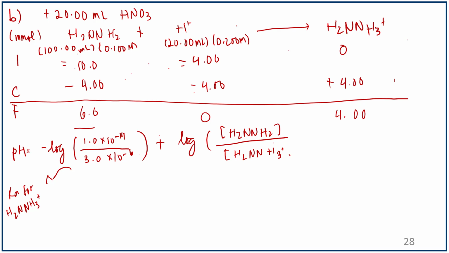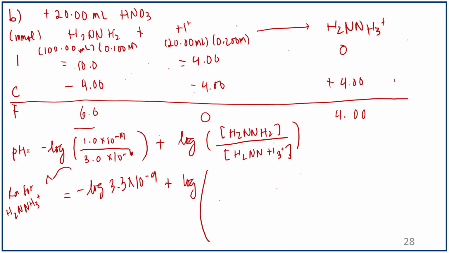Okay. So if we do this, for this value, this is actually going to be negative log of 3.3 times 10 to the negative 9, and then for this one will be plus log of, again, to substitute for concentrations, let's start first with hydrazine.